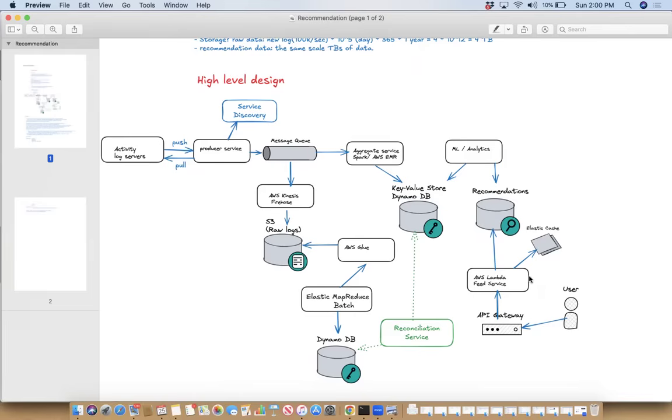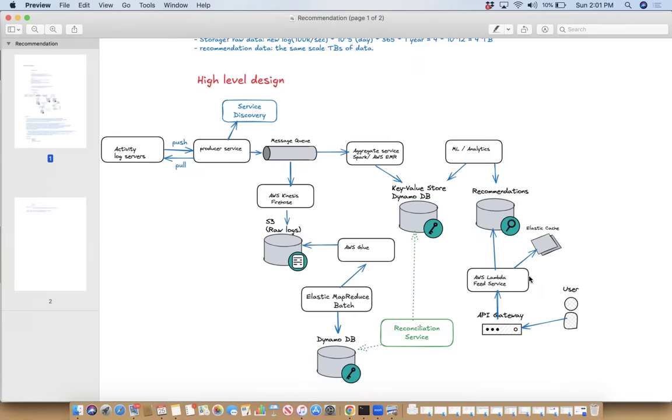So here, this is basically a pull model. The user is pulling data from the feed, and the feed is reading data from the recommendation service. This is a pull model, but in order to make it low latency, we put it in a kind of ElastiCache.